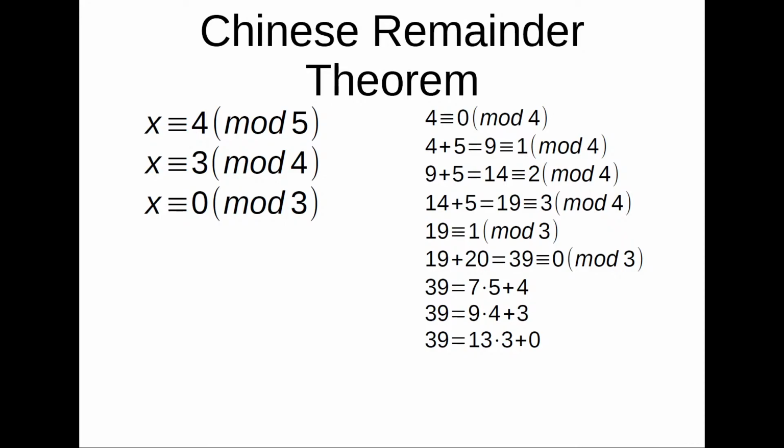So you'll get 39, which is congruent to 0 mod 3. And to make sure that it's correct, 39 is 7 times 5 plus 4. It's 9 times 4 plus 3. And it's 13 times 3 plus 0, where you can see the 4, 3, and the 0 are the numbers that you wanted x to be congruent to in the different moduli.